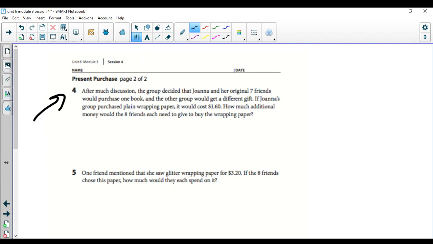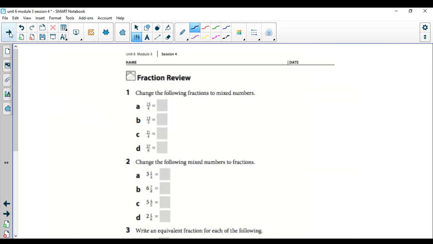How much additional money would the 8 friends each need to give to buy the wrapping paper? I'm going to go ahead and let you guys solve that because I think you need knowledge from before. I was going to do it, but we're building. It's almost like a problem string and you're building off of what you've done, and we skip some problems.